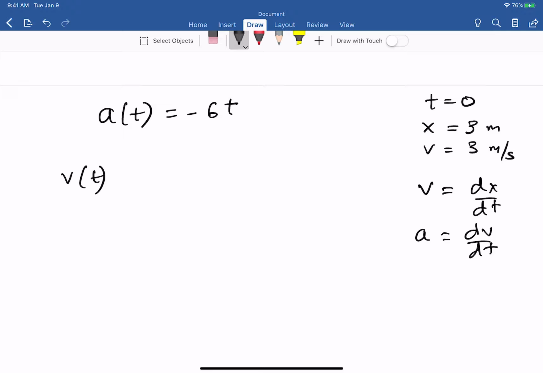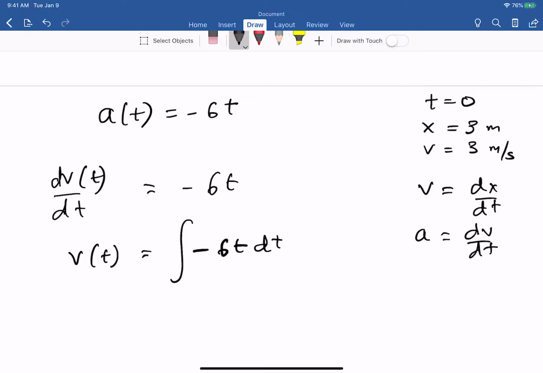So we know that dv/dt is the acceleration, so dv/dt is minus 6t. That means we can find the velocity by just taking an antiderivative, or the integral, of the acceleration. So velocity would be the integral of minus 6t dt plus a constant c.